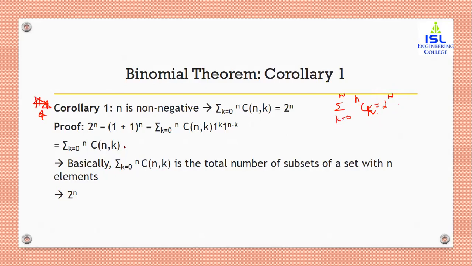Suppose, note that we know already 2nCn is the coefficient of x power n in (1 plus x) power 2n. Now what does this mean? If we are finding (1 plus x) power 2n, then what is the coefficient of x power n?